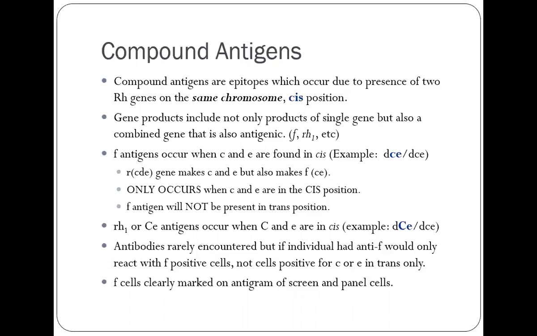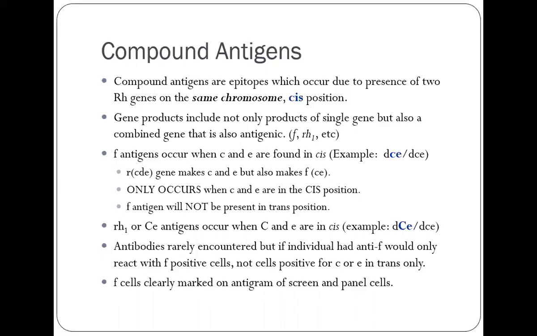The next one is the Rh little i or the big C little e antigen. This is also known as Rh7. And it occurs whenever there's a big C and a little e in the cis position.